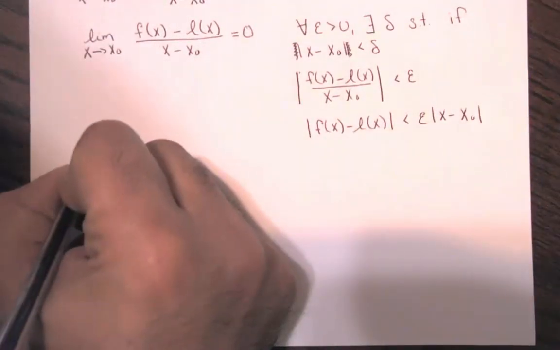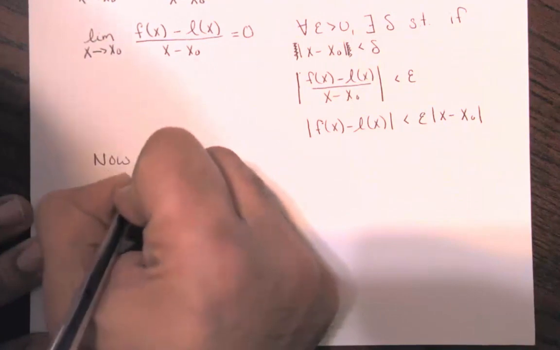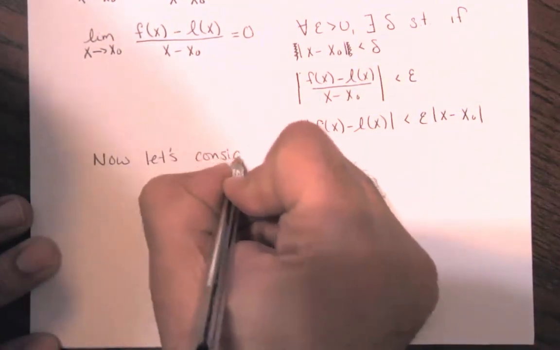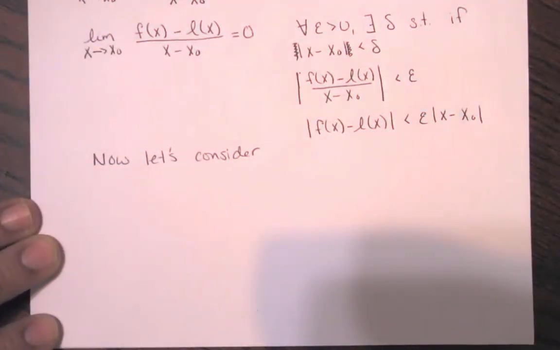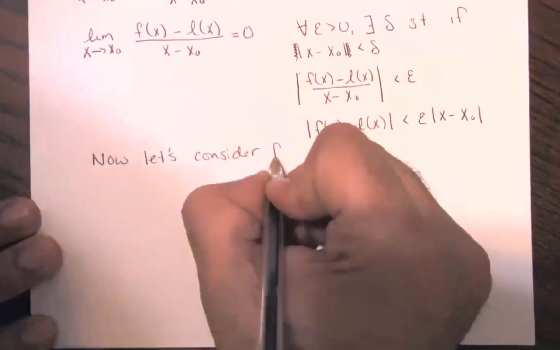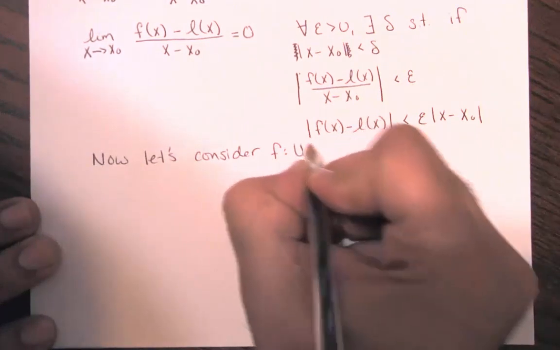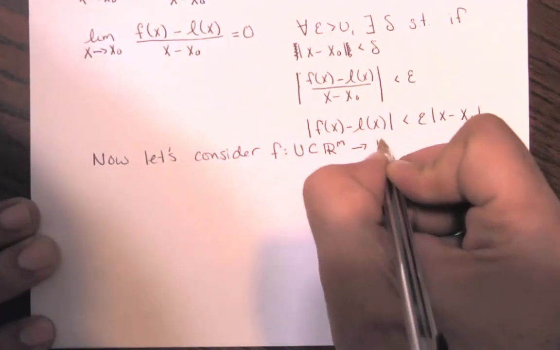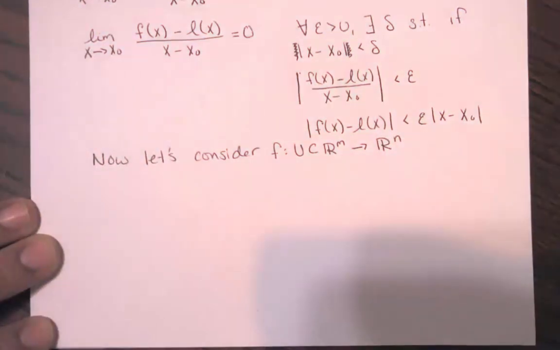So now let's consider the multidimensional setting. F maps U in R^m to R^n.